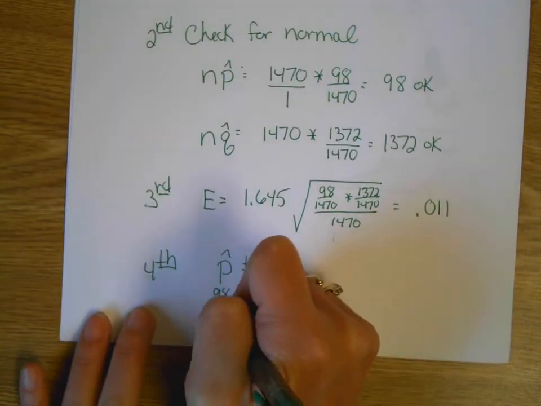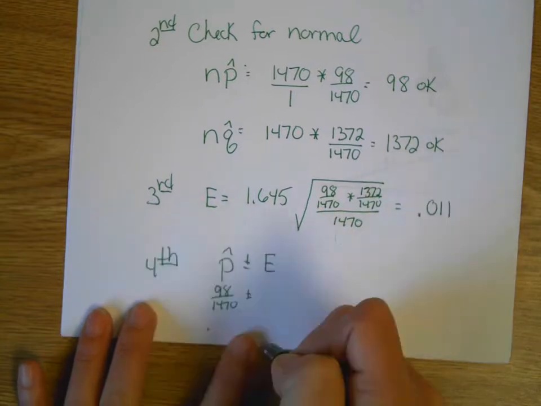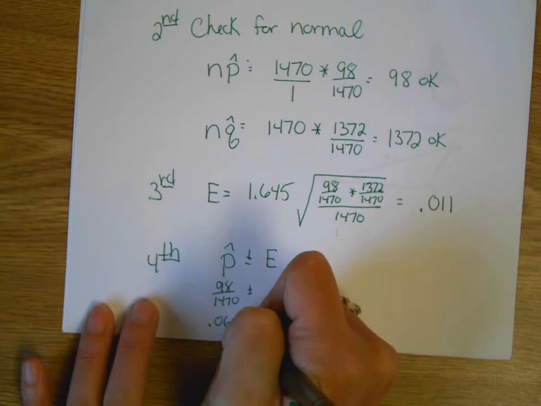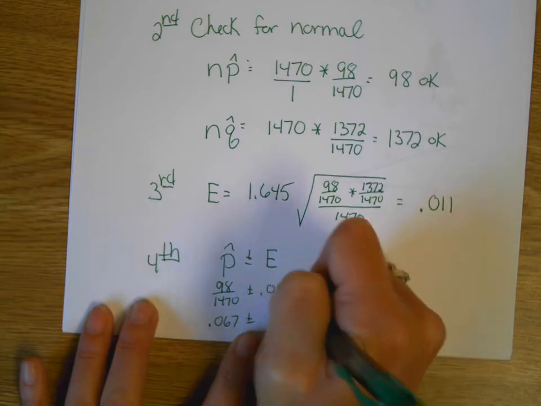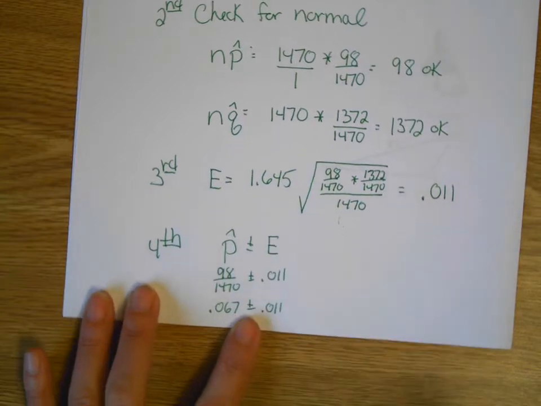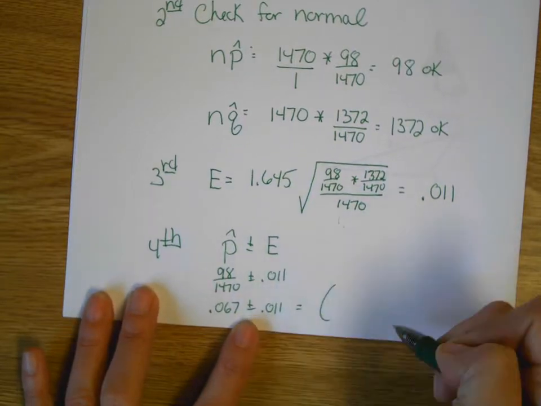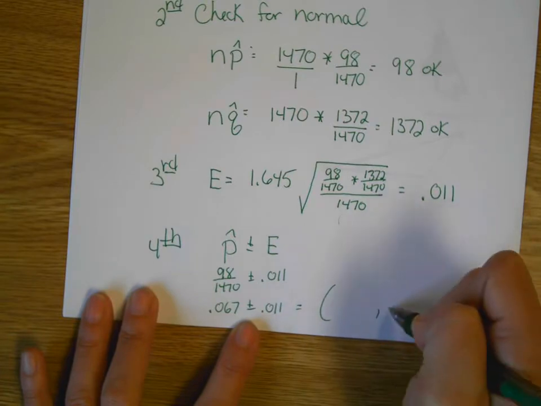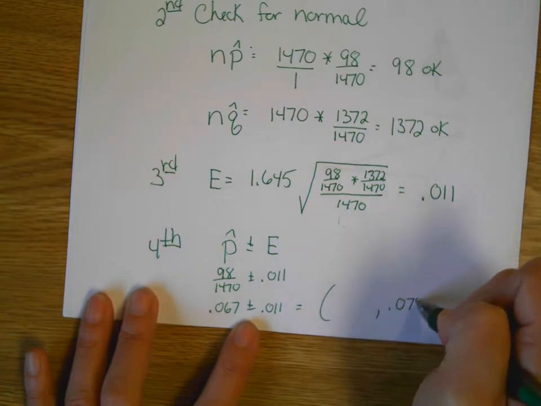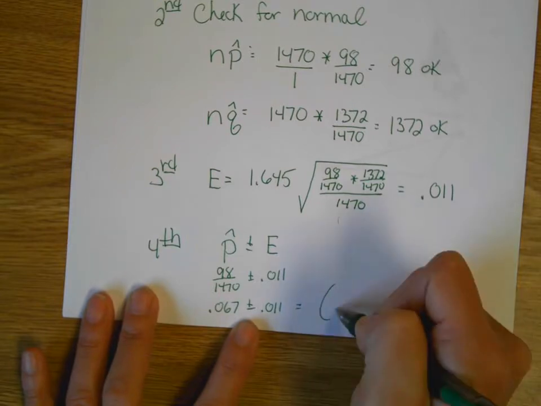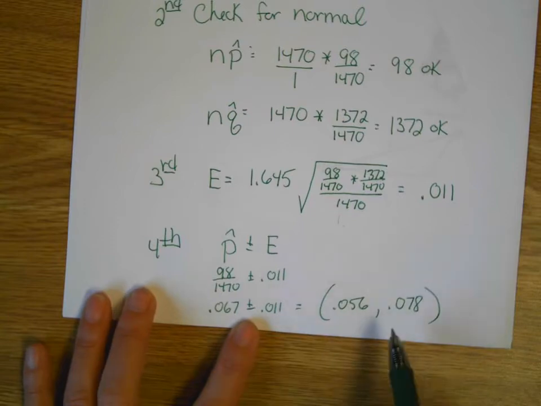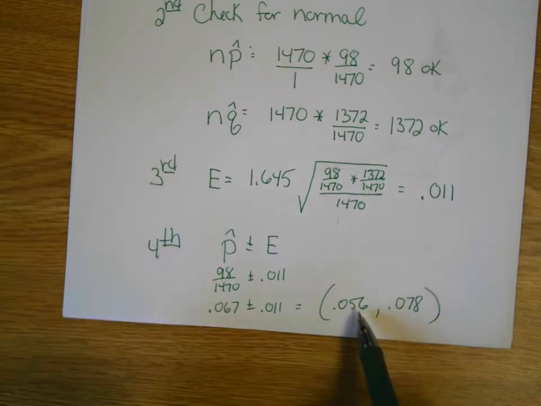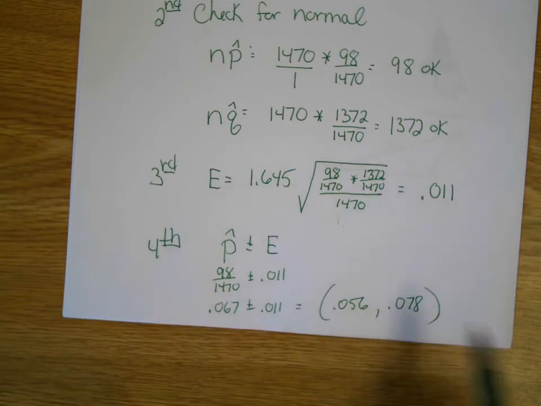Let's get a decimal for that at this point. 0.0667, plus or minus that 0.011 that we just got. So then we turn that into 0.056 and 0.078. So we would expect the percentage of the population to be between about 5.5% and 7.8%.